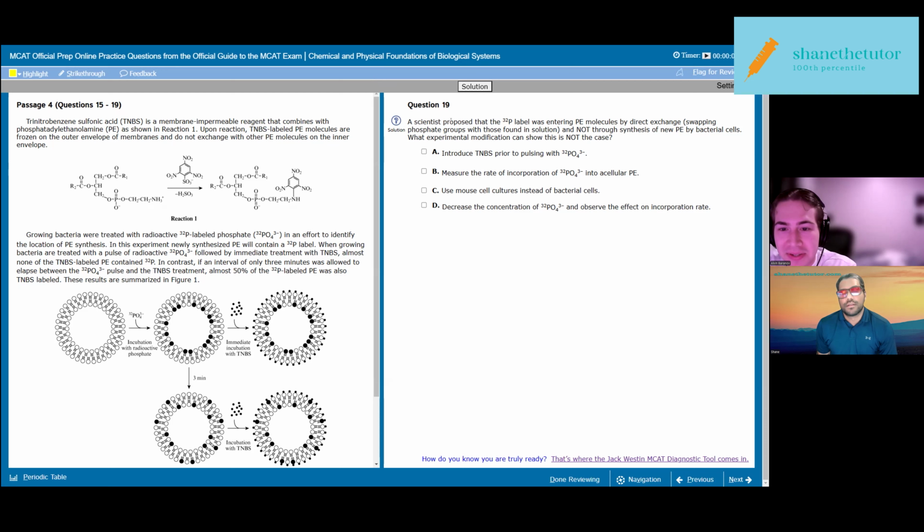A scientist proposed that the 32P label was entering PE molecules by direct exchange, swapping phosphate groups with those found in solution, and not through the synthesis of new PE by bacterial cells.